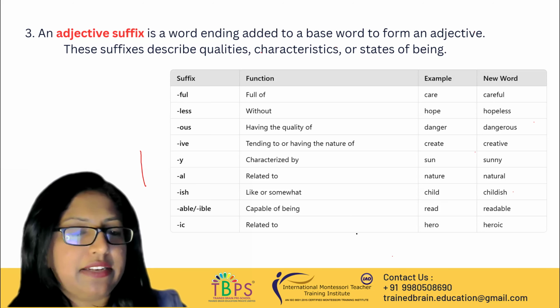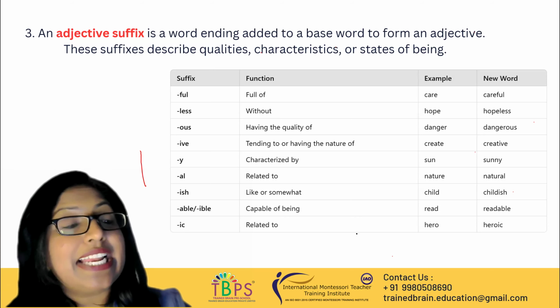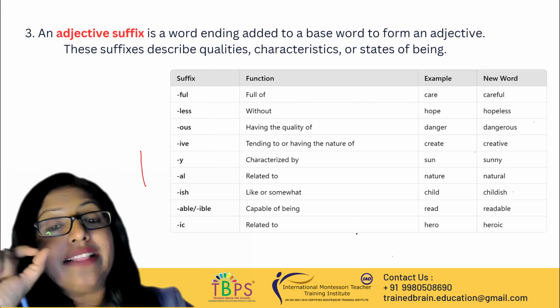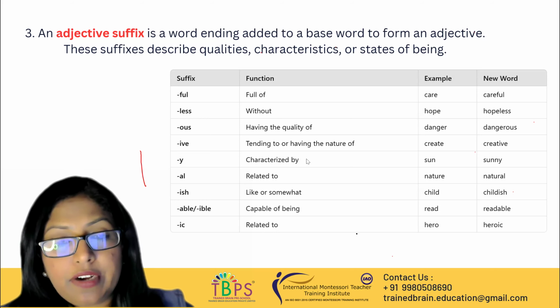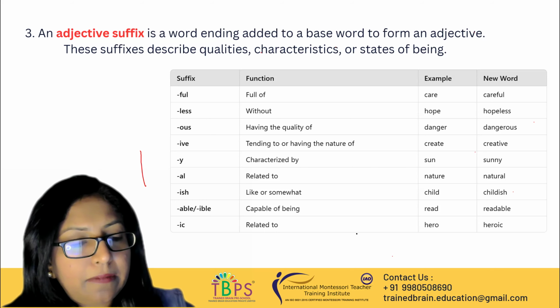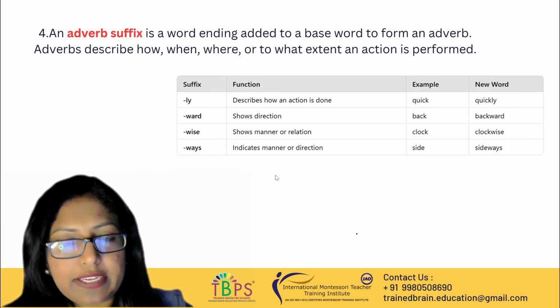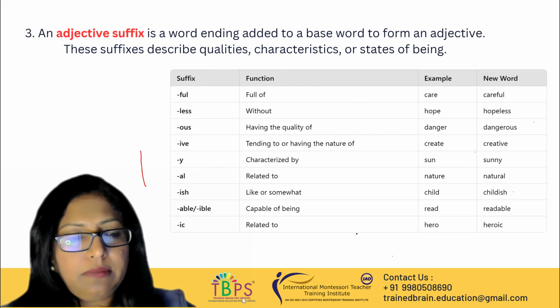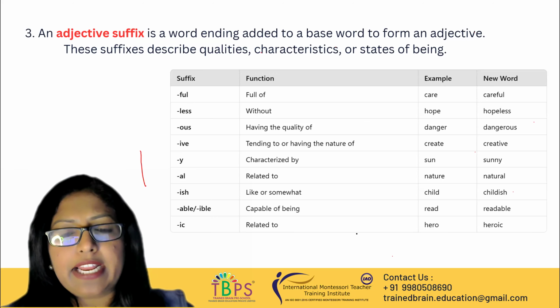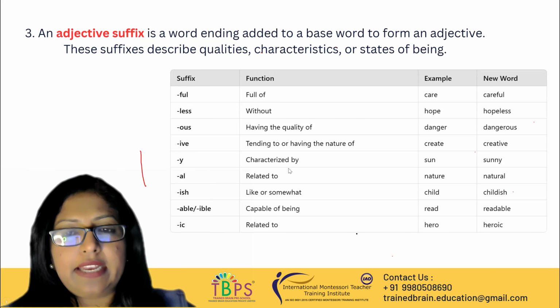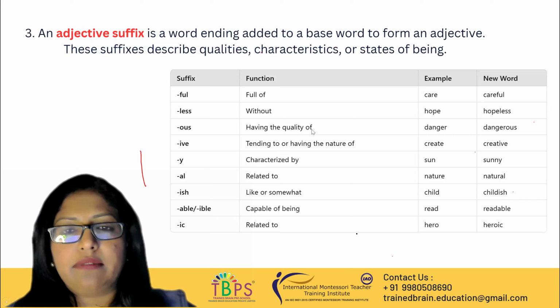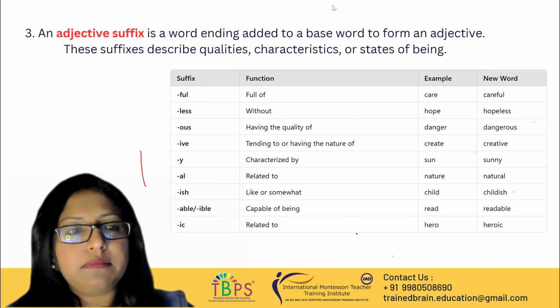The fruits are seasonal, correct? So we use AL when it is related to something. Now again, it can still be related to two more things, okay? It can be either related to my, how do I write it?